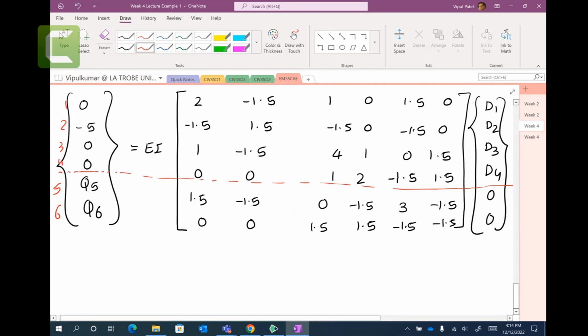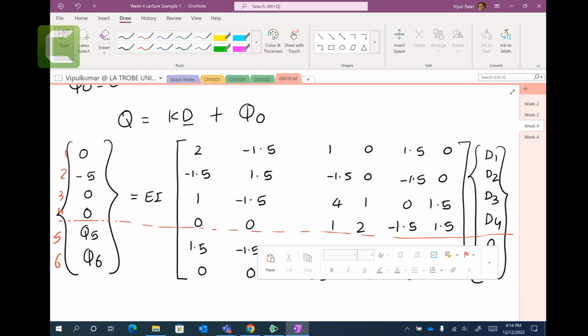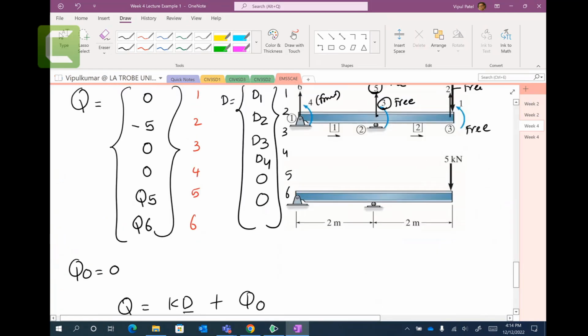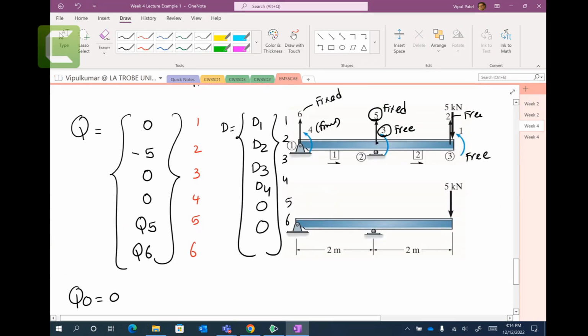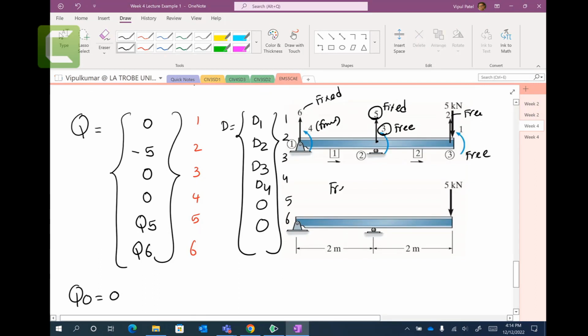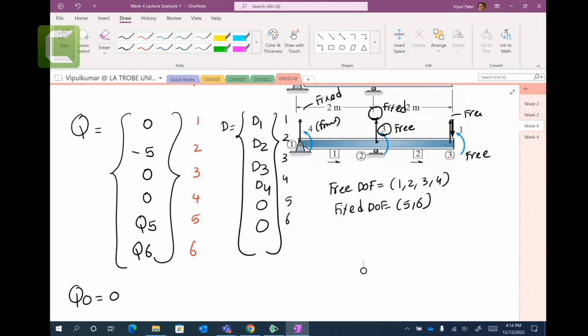That is basically your fixed and free degrees of freedom. Your free degrees of freedom are 1, 2, 3, and 4, and your fixed degrees of freedom are 5 and 6.